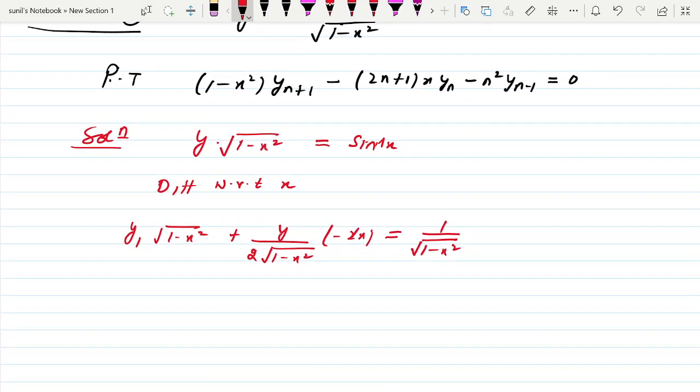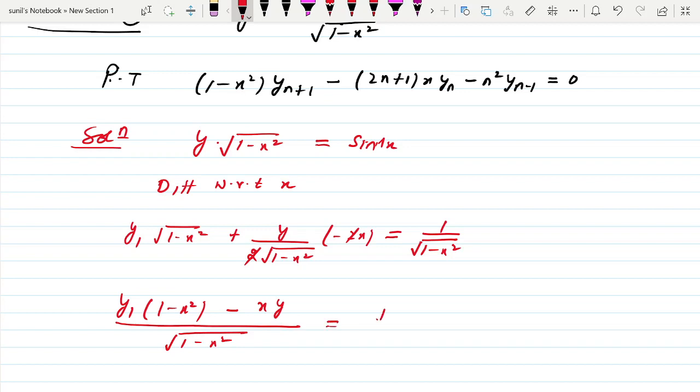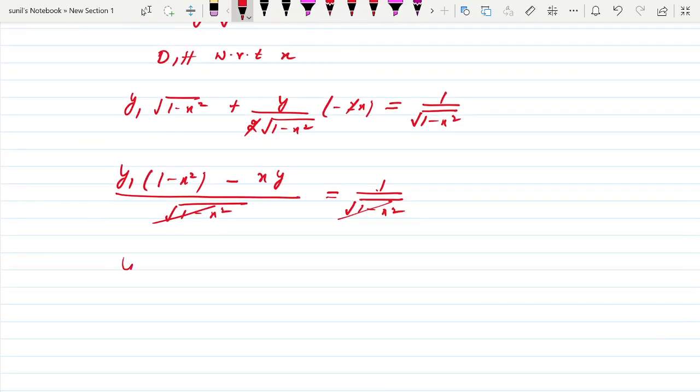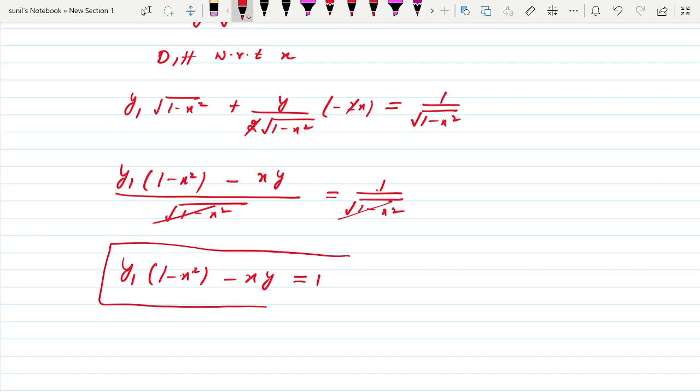Now let us take the LCM. It is y1 into 1 minus x square minus xy over root 1 minus x square equals 1 over root 1 minus x square. Now this will get cancelled. Of course, this cannot be 0. So we have y1 into 1 minus x square minus xy equals 1. This is the first thing that you have to develop, such a recurrence relation.